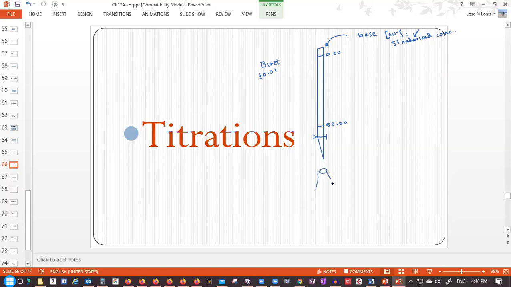On the bottom here, we use another instrument that has this shape. In other parts of the world, they call it a conical flask. Here it has a funny name. Do you remember the name of this? Erlenmeyer flask. What goes here?